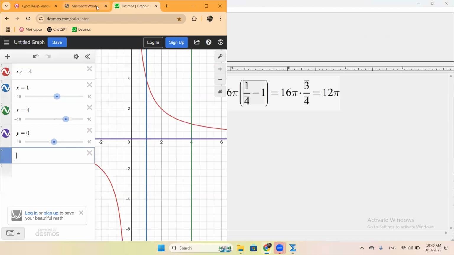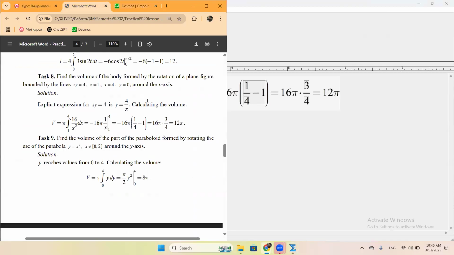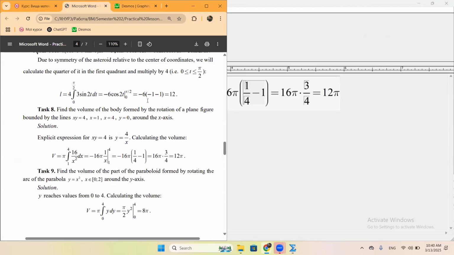Okay, if no questions, let's move next. So now we need to find the volume of the part of a paraboloid formed by rotating the arc of a parabola y equals x square for x from 0 to 2 around the y-axis.